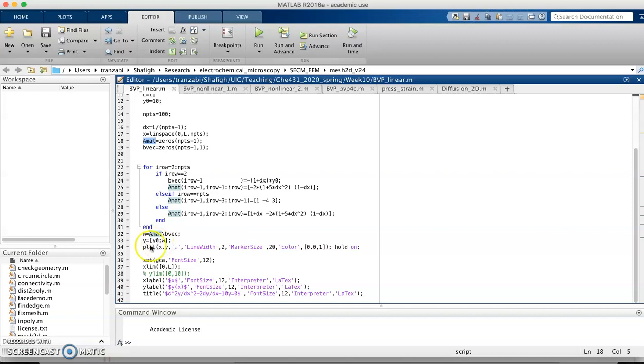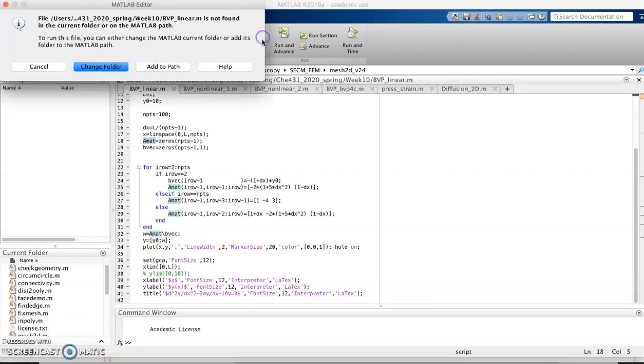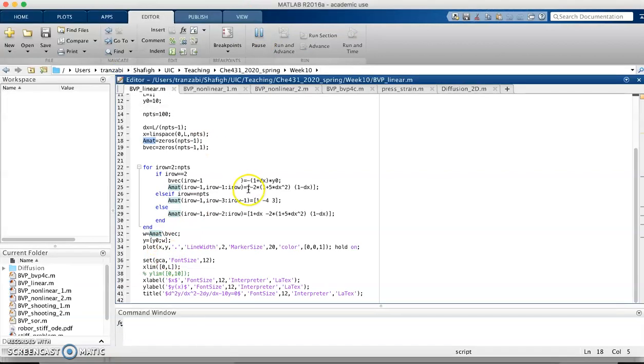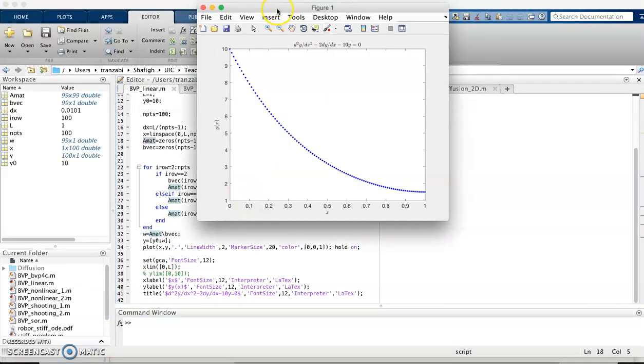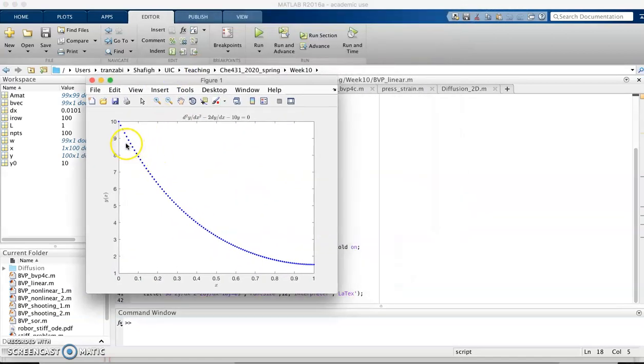So we have y. We can now go ahead and plot y against x using MATLAB. If I run this code, you see the solution to the system, which is y against x from 0 to 1. Every dot corresponds to 1 discretized point, and you see that the boundary conditions are satisfied. The slope here is supposed to be 0, and that is exactly the horizontal slope here, and the value on the left is exactly equal to 10.